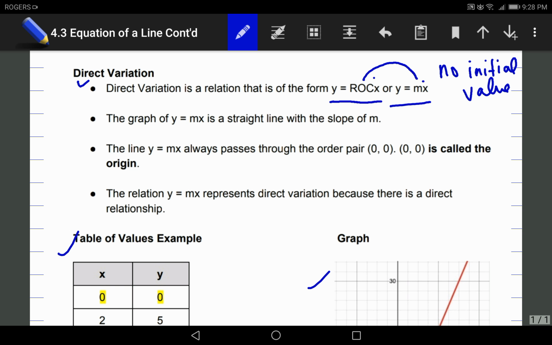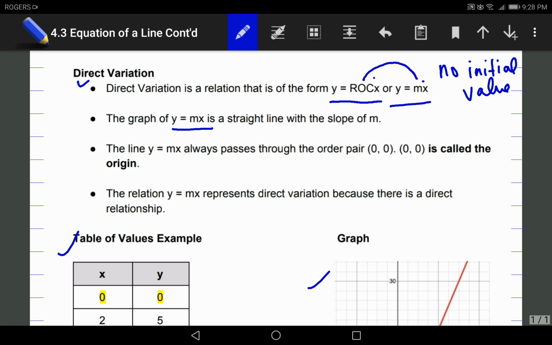So the graph of y equals mx, and by the way, when I say no initial value, that just means 0. So it has an initial value of 0. It's not that it doesn't exist at all. I guess theoretically it doesn't, but if you had to give it a number, it would be 0. The graph of y equals mx is, of course, a straight line.